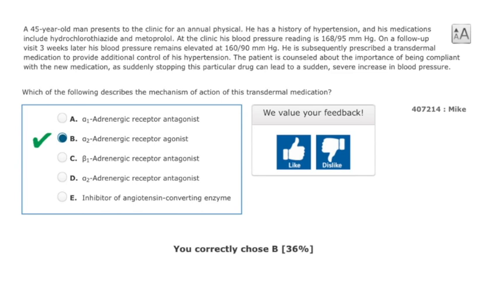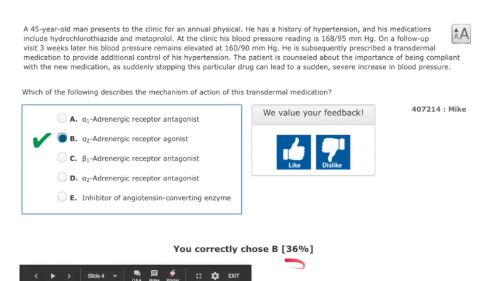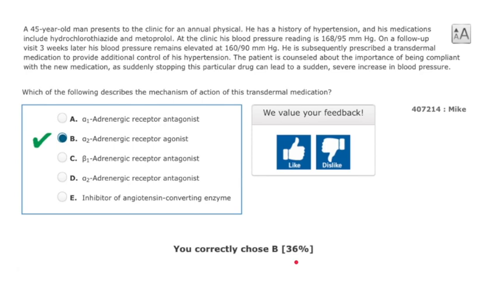So don't feel upset if you got it wrong, because obviously most if not all of you probably did, but in comparison to your colleagues around the country who didn't listen to this review, you now know that clonidine is a transdermal patch, and going forward, you'll never get that wrong again.